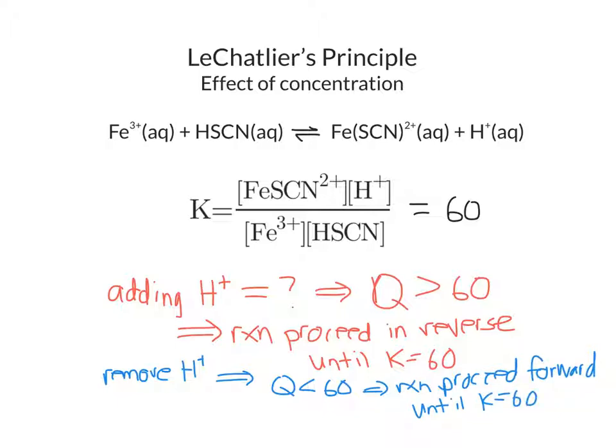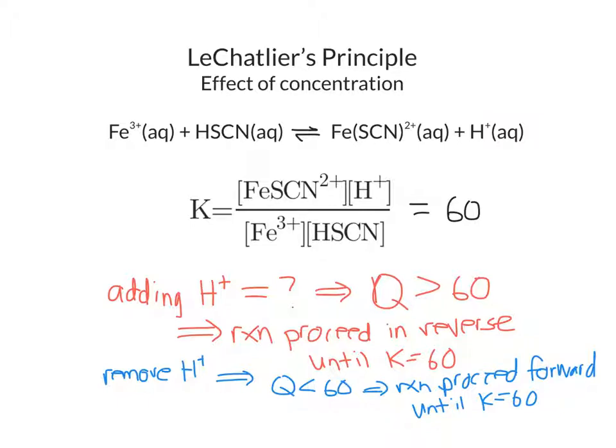So you can see that whatever we do in terms of adding or removing reactants or products from this reaction, the reaction is going to proceed in the direction to counter that change. So if I add H plus, the reaction is going to proceed to use it up. If I remove H plus, the reaction is going to proceed to make more H plus.